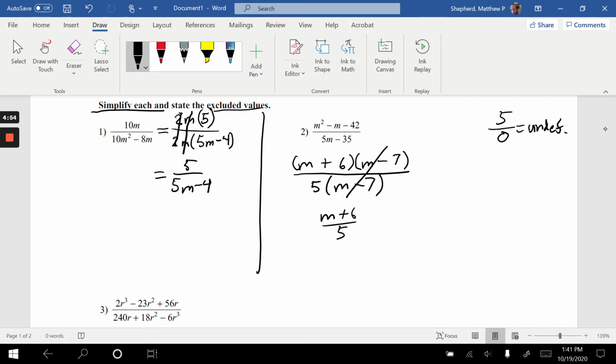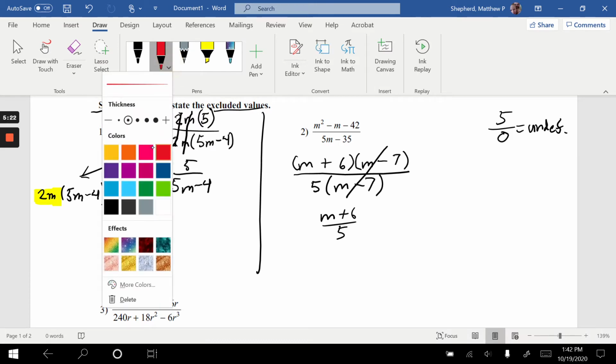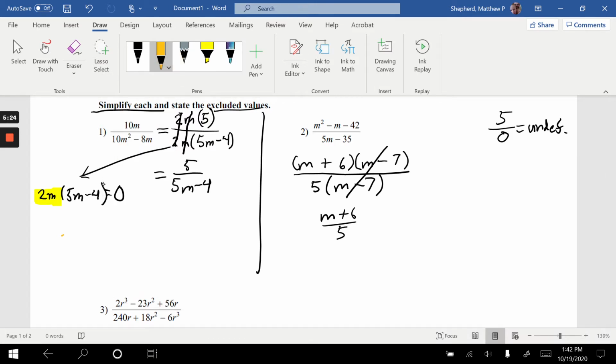In these problems, we've got expressions such as this right here, 2m, and this was our expression in the denominator. Now, our denominator cannot equal 0, so we want to figure out what are those numbers for which that denominator would equal 0. So let's start off first with the 2m. The 2m will equal a 0 when m is 0. So there, that's one of them. Next, our 5m minus 4.